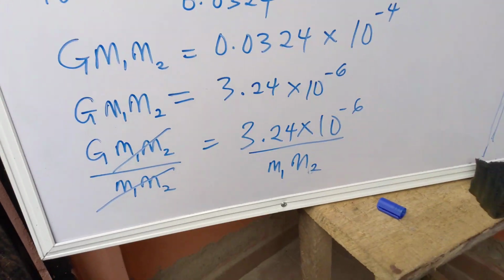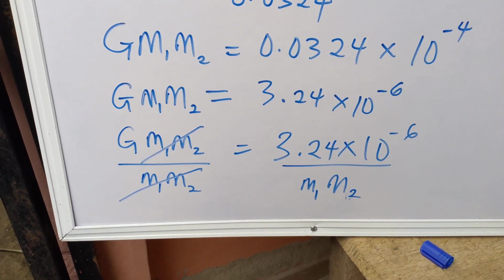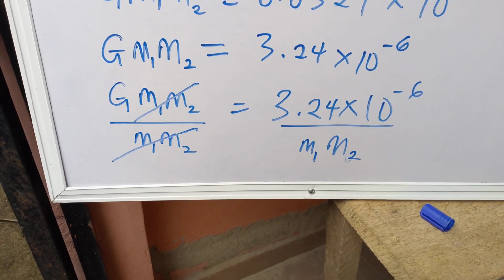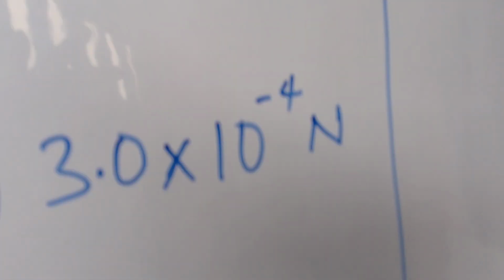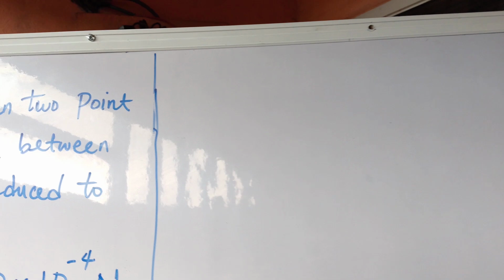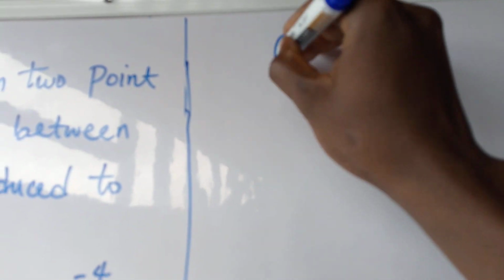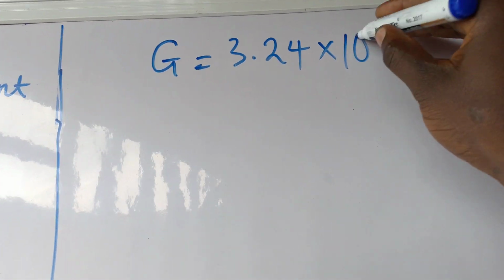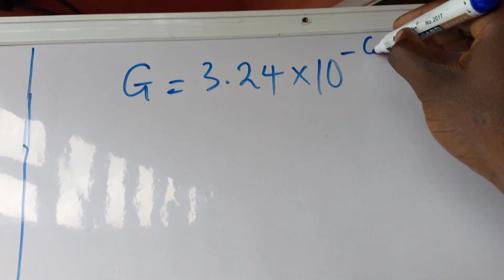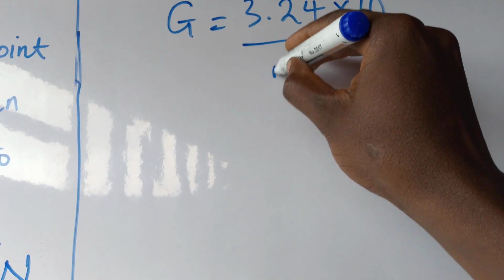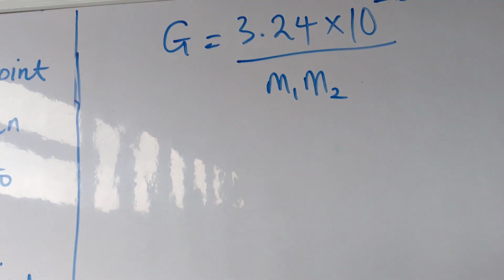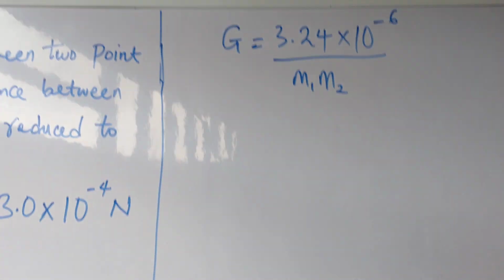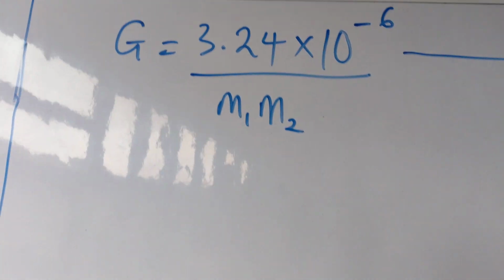I'll have that G is equals to 3.24 times 10 raised to power minus 6 over M1 M2, of which I can call this my equation 1.